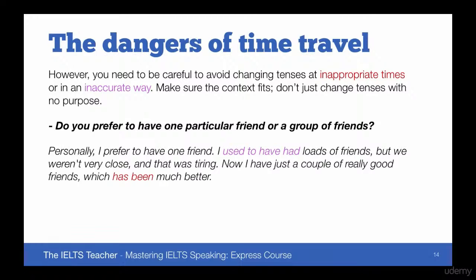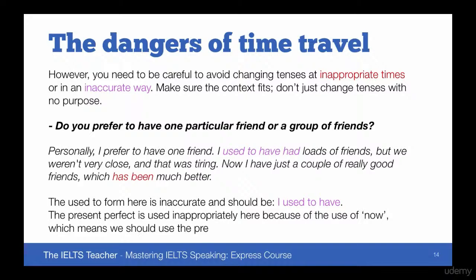Hopefully you've noticed a couple of problems with this answer. Now the first problem is a problem of inaccuracy. The used to form here is inaccurate. It should be I used to have loads of friends, not I used to have had.